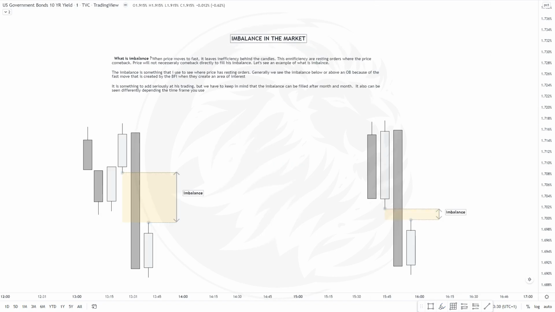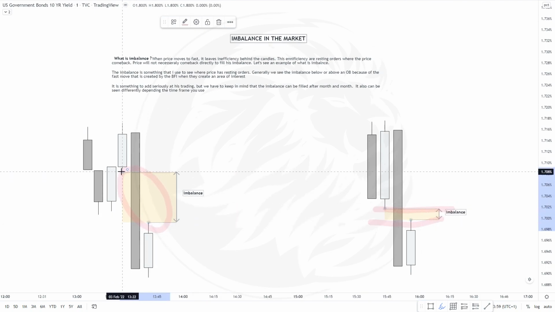Now, as I told you before, sometimes price doesn't come back directly to our order block, and it's because imbalance is different depending on the time frame. So for example, here we are in a 5-minute time frame, and here we are in the 15-minute time frame. As you can see, in the 15-minute time frame, the imbalance is just what we have here and not what we have here.